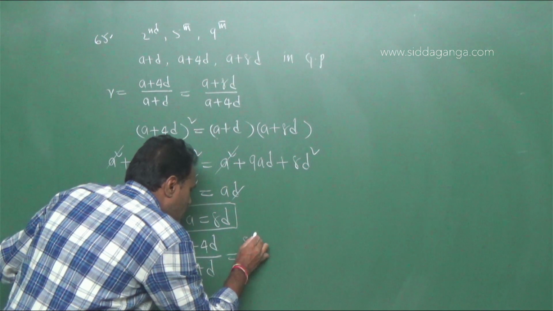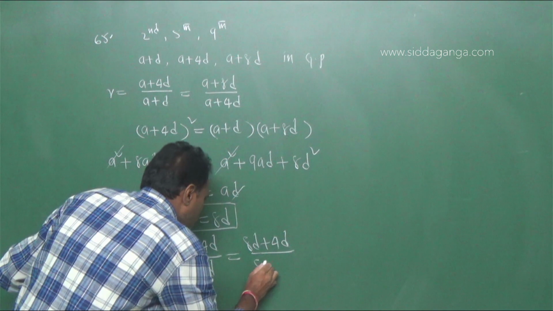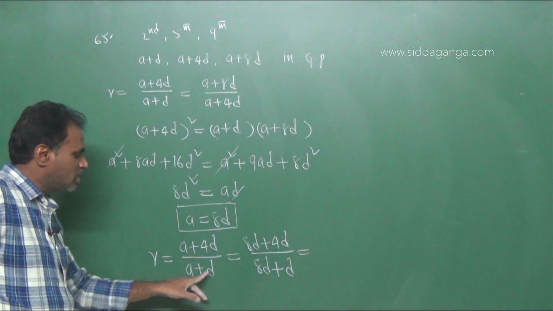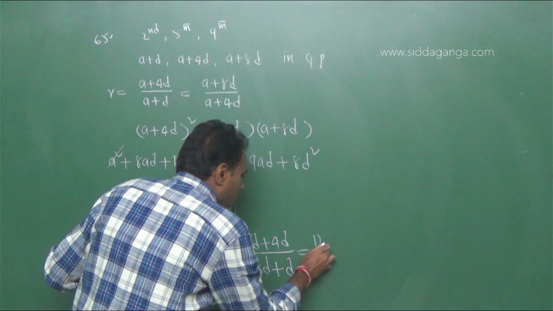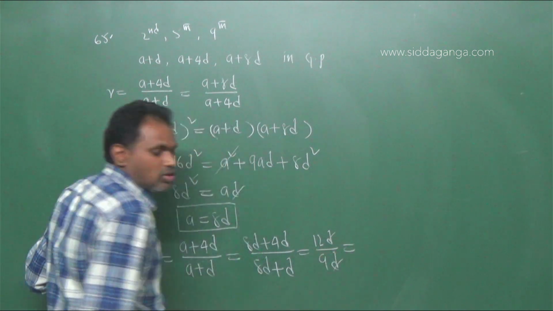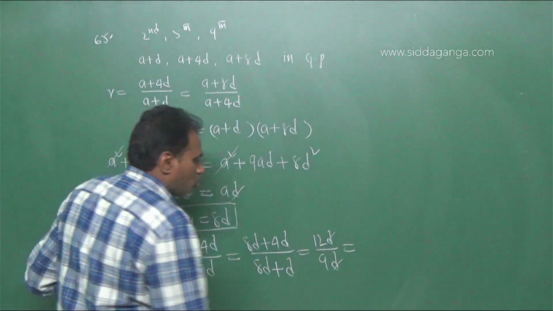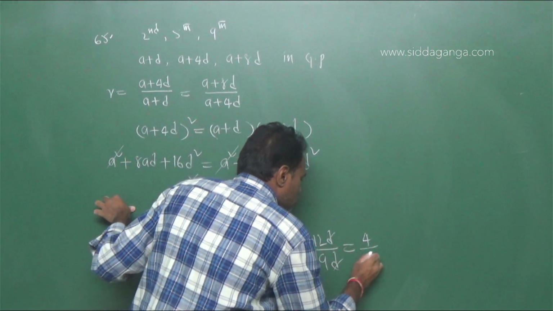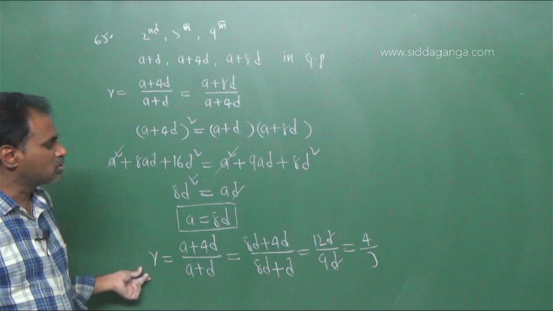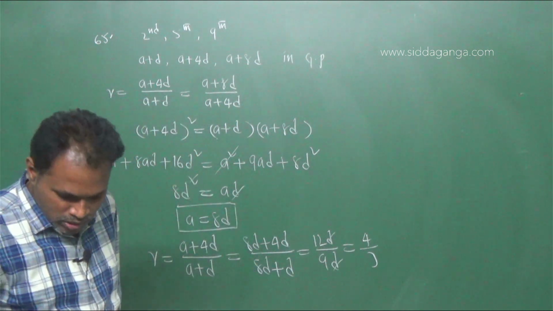Substitute: 8d plus 4d divided by 8d plus d, that is 12d by 9d. Now d will cancel, 12 by 9, which is 3 fours and 3 threes. Therefore, the common ratio of the GP is r equal to 4 by 3. Therefore, option 2 is right.